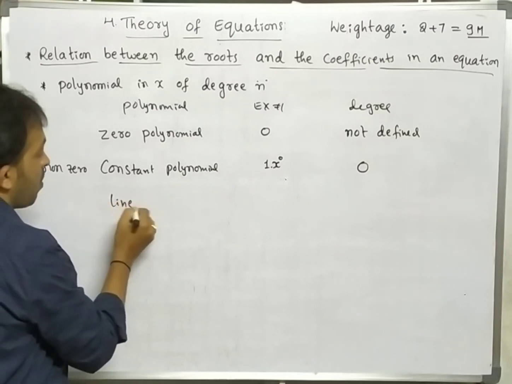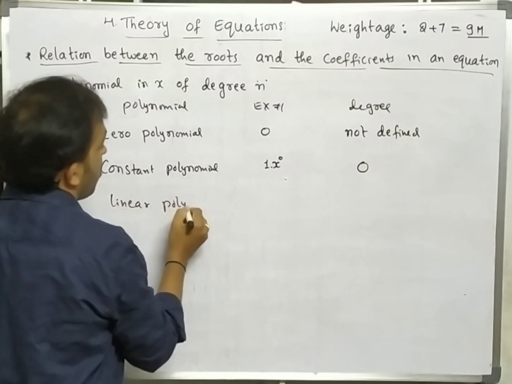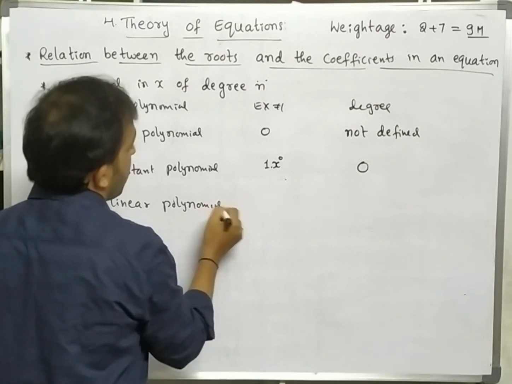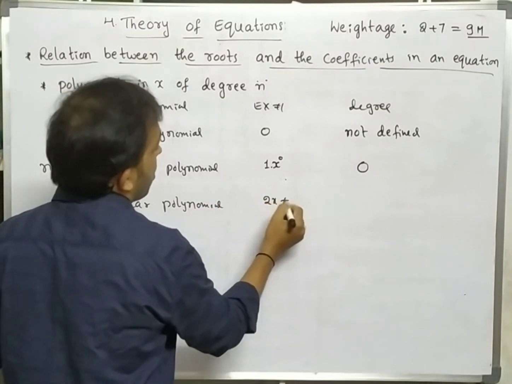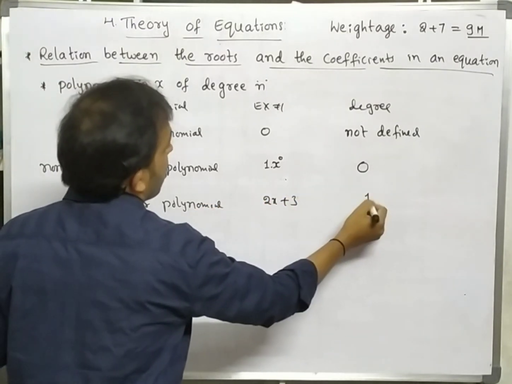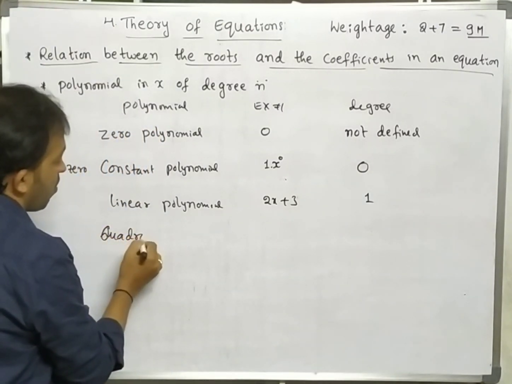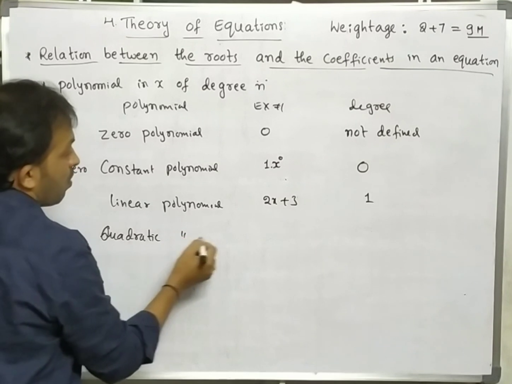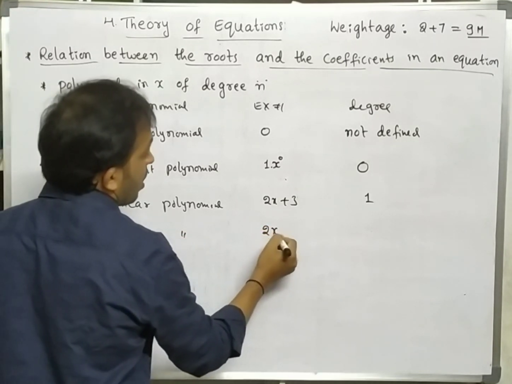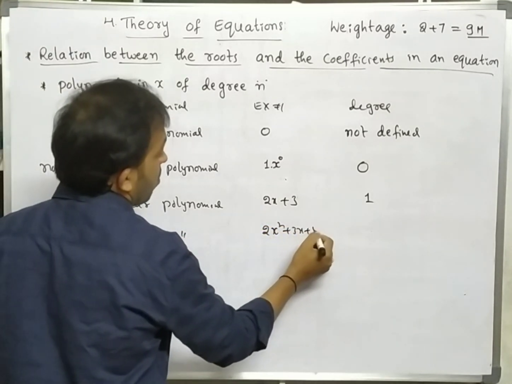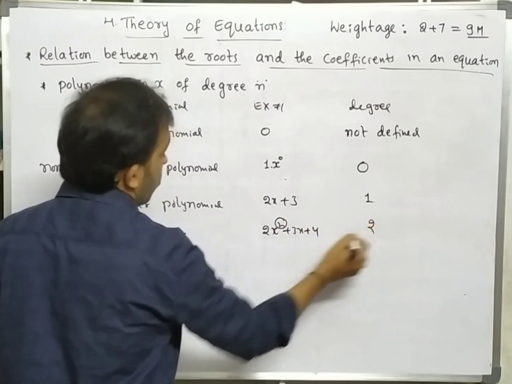Next, a linear polynomial in one variable, that is 2x + 3. Here the degree is 1. Next, a quadratic polynomial, that is 2x² + 3x + 4. Here the degree is 2.